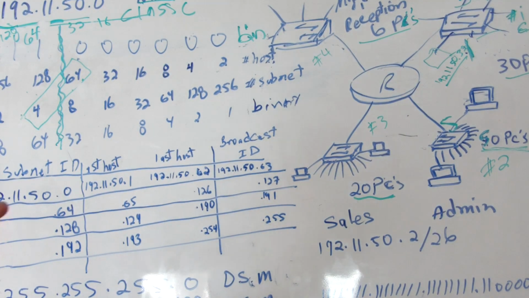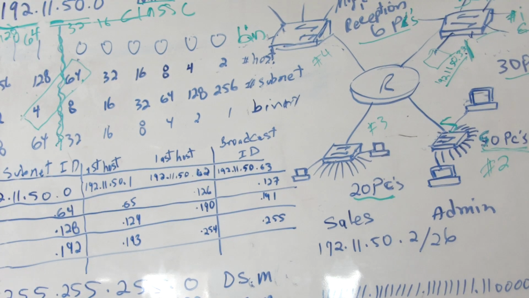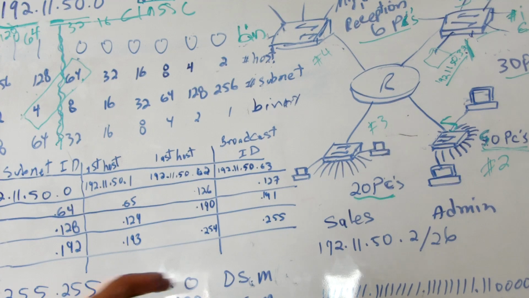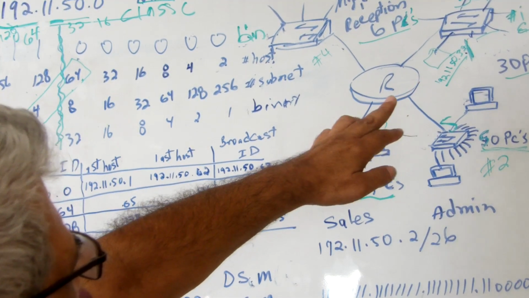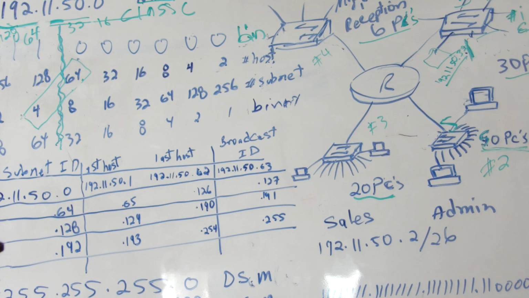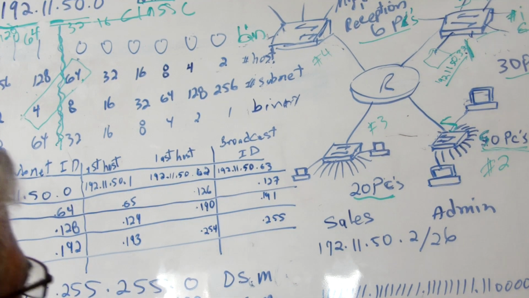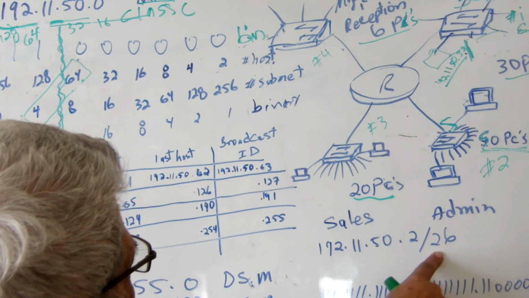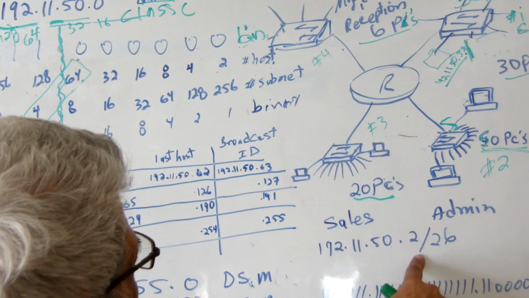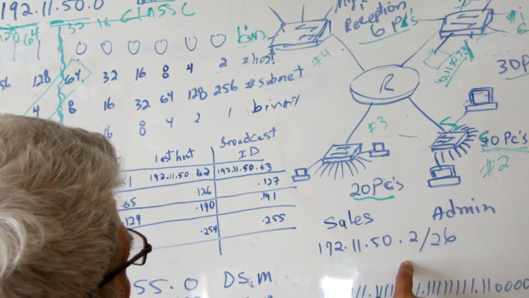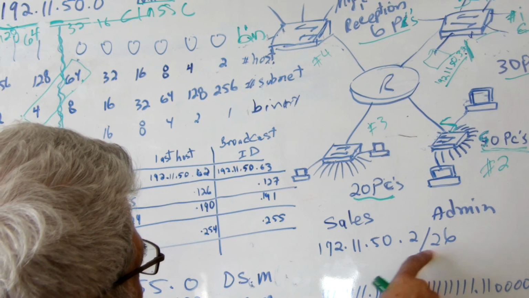So what we did, the new IP address for each of these computers, you show this way in slash notation. It's going to be 192.11.50.2, then .3, but the slash notation is /26.